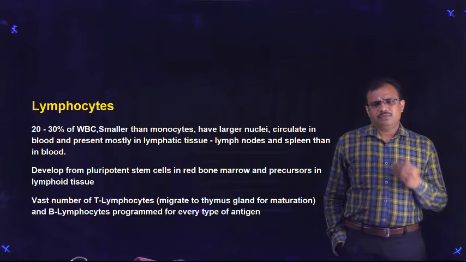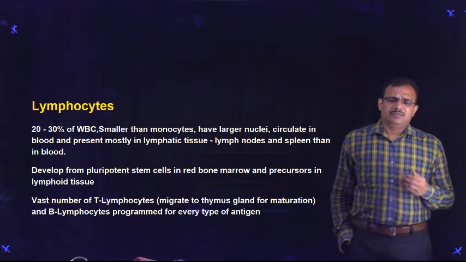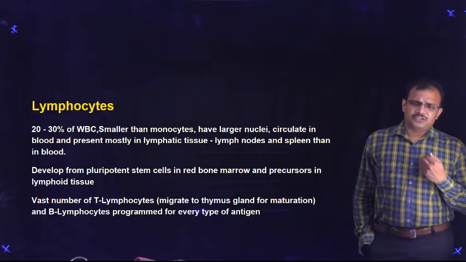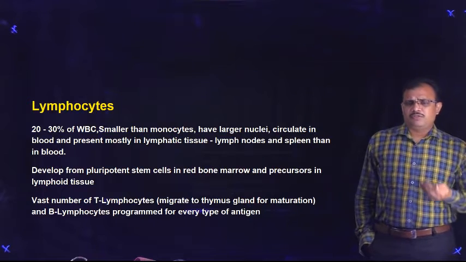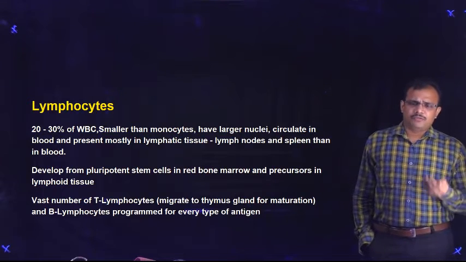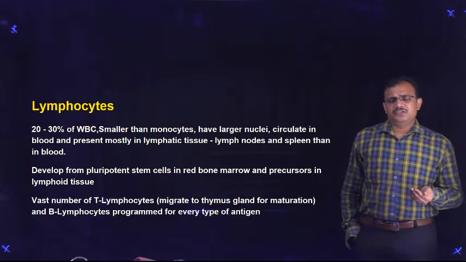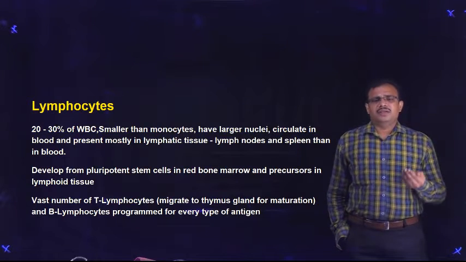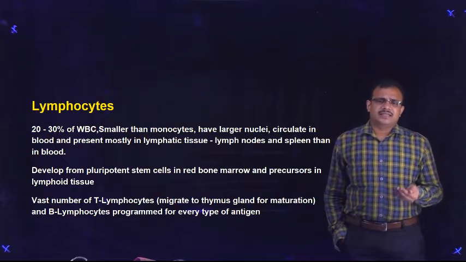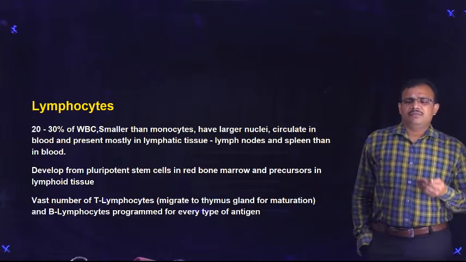These also are developed from the same pluripotent stem cell in the red bone marrow, and this once again leads to formation of a precursor cell such as a lymphoblast, which leads to formation of different types of lymphocytes called T lymphocytes and B lymphocytes.